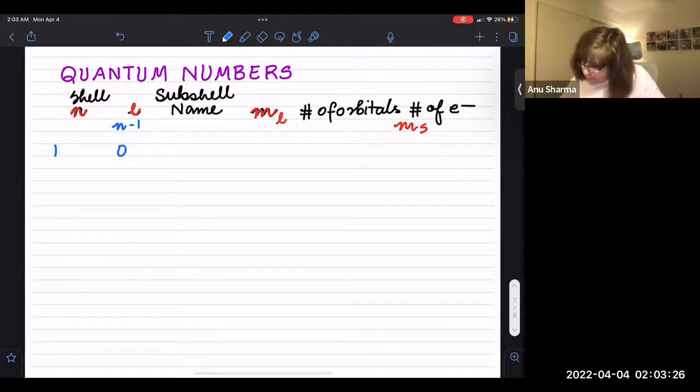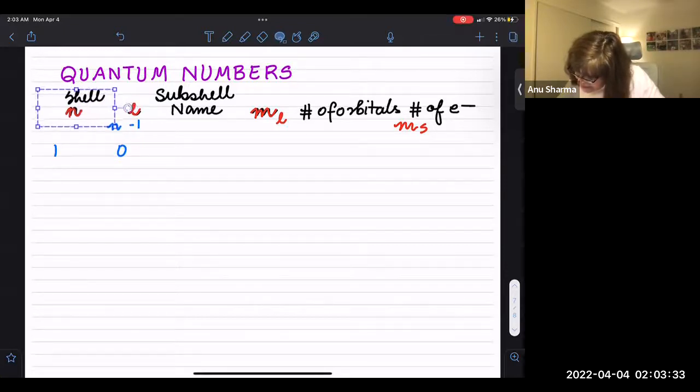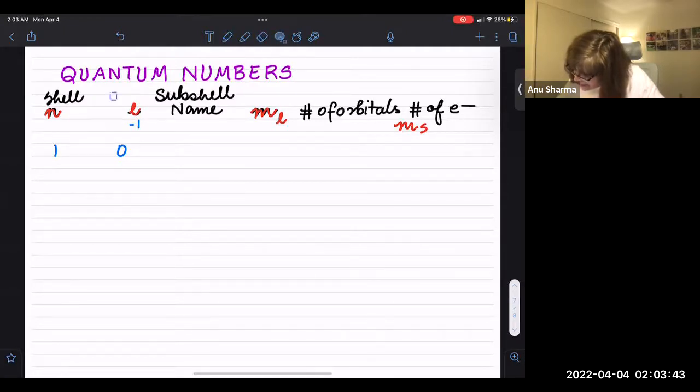So when N is equal to 1, let's move this here because I need some space.